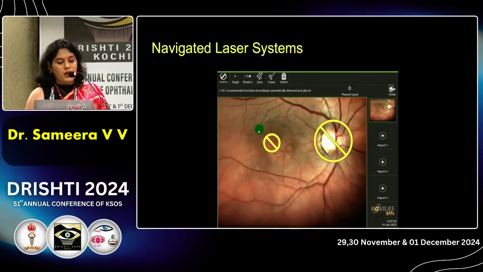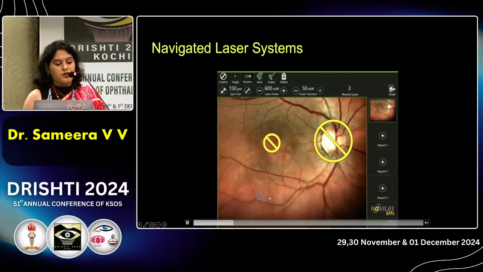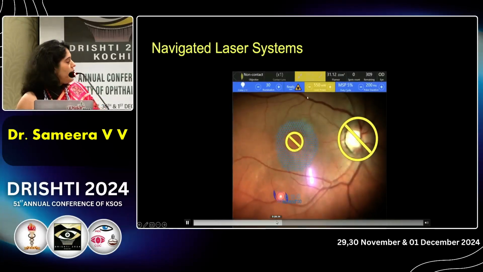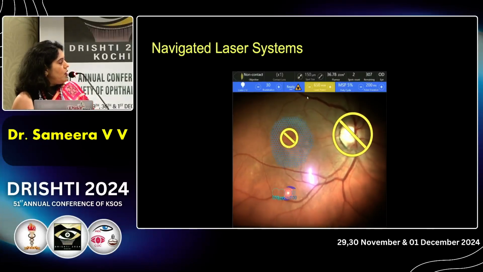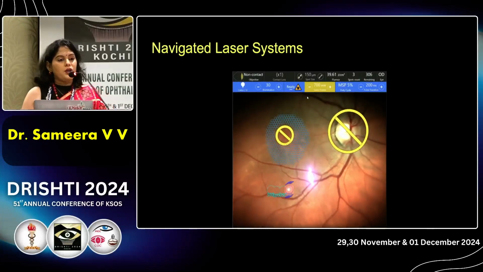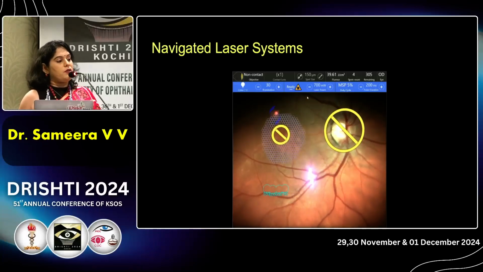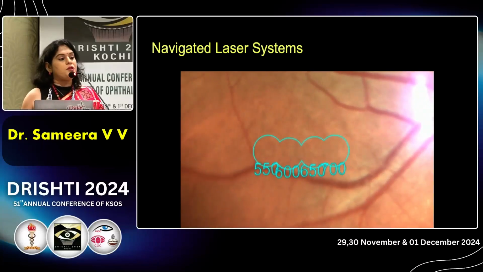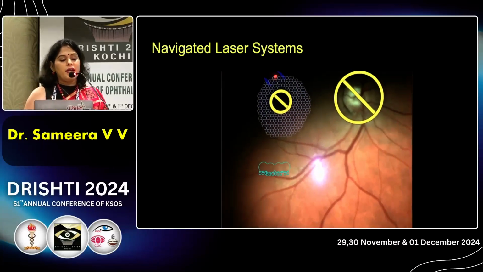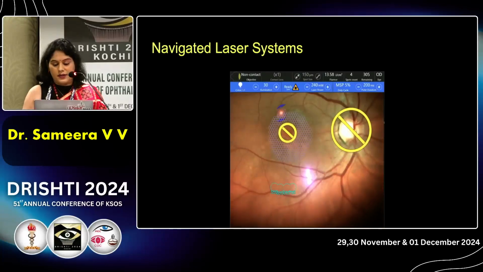Accordingly, you mark the area of the retinal pathology, whatever the lesion is, and you titrate the dosage. You can see over here how the laser has been done. It's so simple. The accuracy of tracking and hitting the microaneurysms, unlike with ETDRS, is more than 30% better. That's the advantage of navigated laser systems.